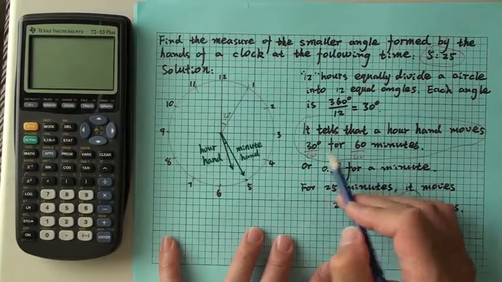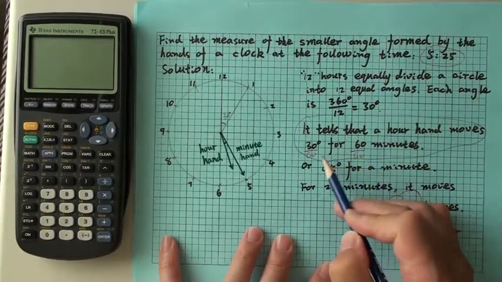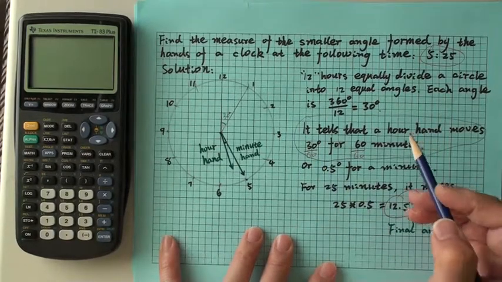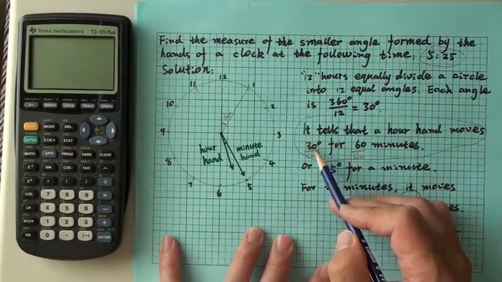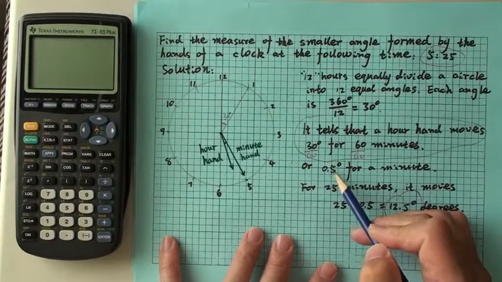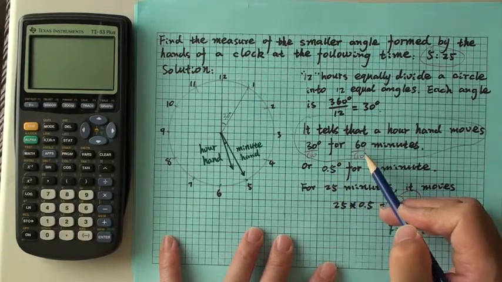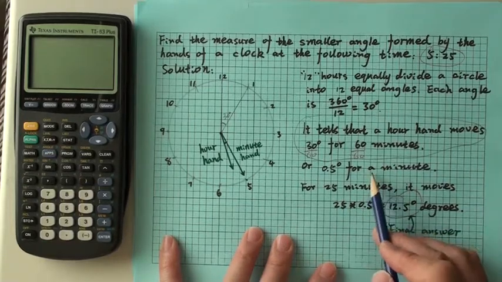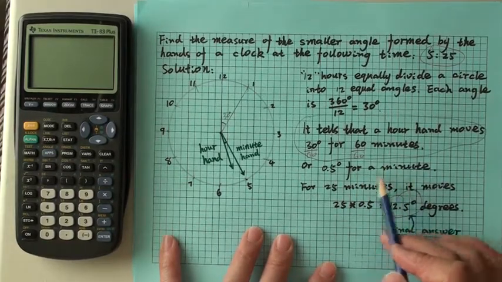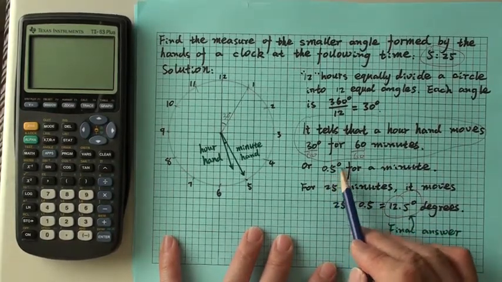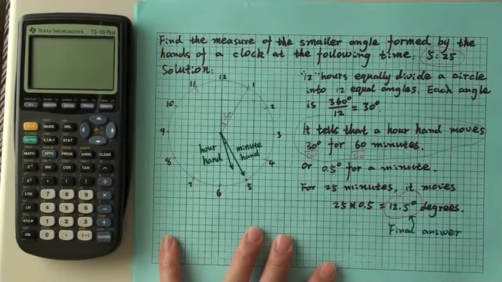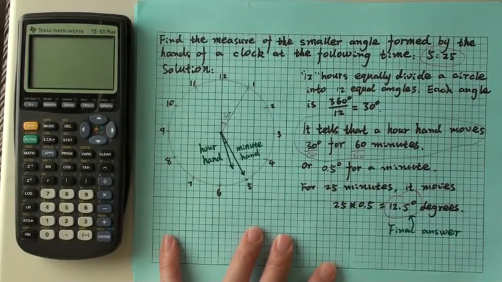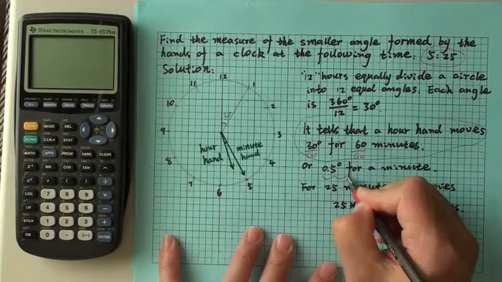If we divide both 30 and 60 by 60, we know 30 divided by 60 is 0.5, and 60 divided by 60 is 1. So for each minute, the hour hand moves 0.5 degrees. This is another important note.